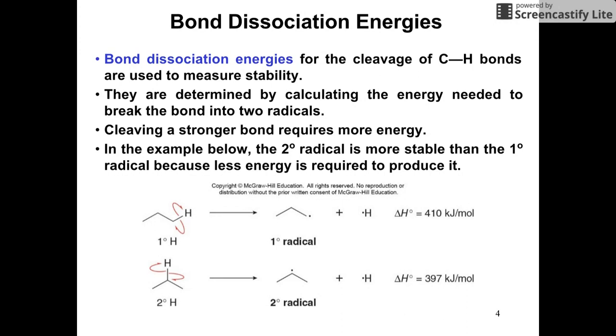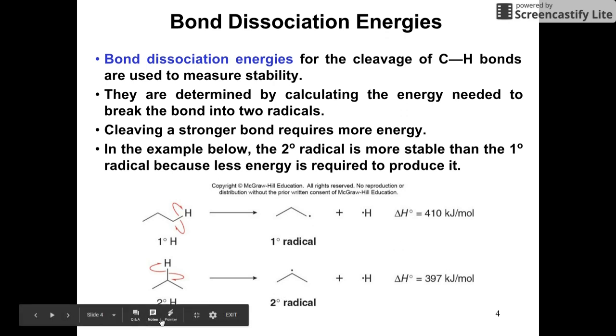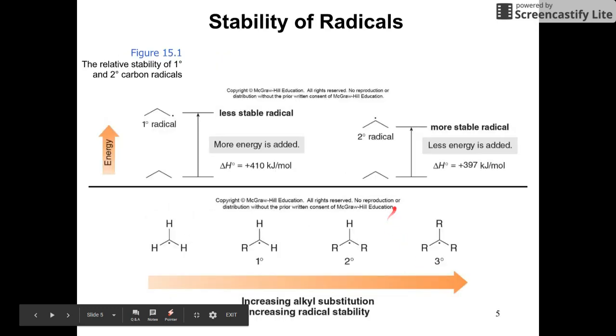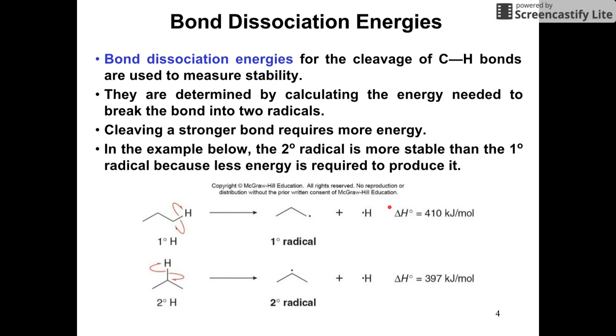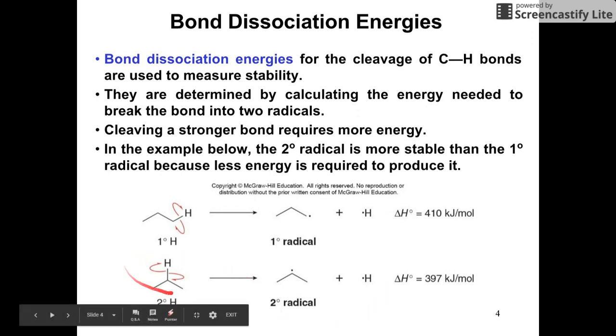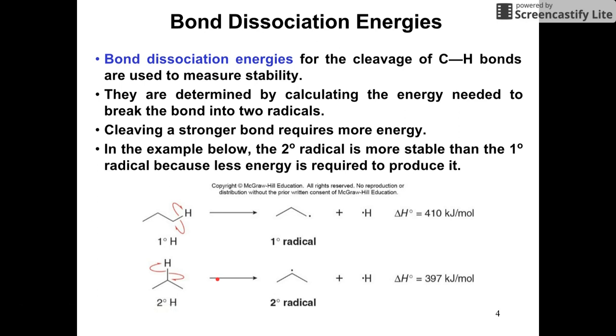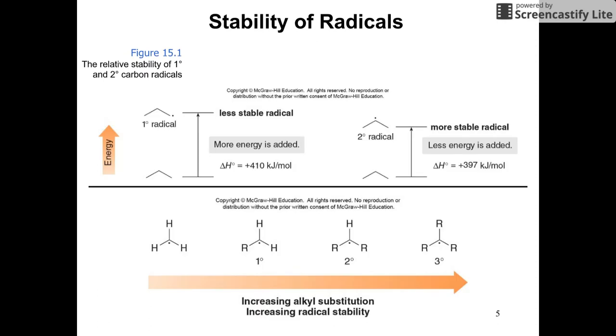You can see both reactions are endothermic: 397 for secondary, 410 for the primary radical. And so it's easier to form the secondary radical, and therefore it is more stable.